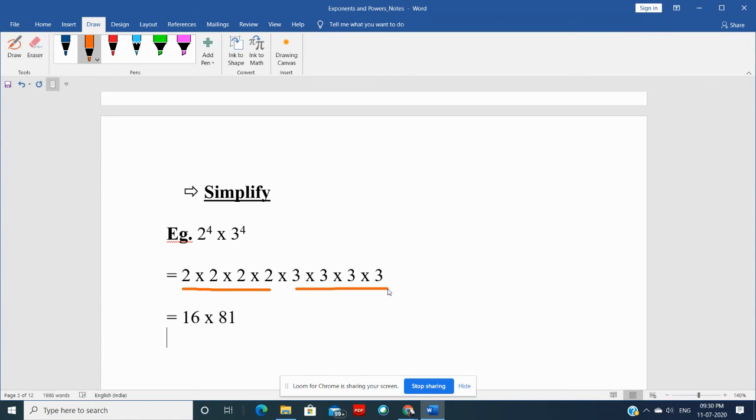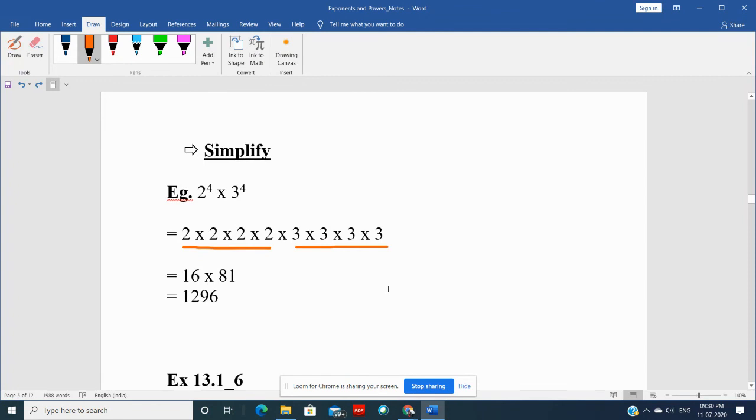You'll just write 81. And if you solve this, the answer you get is 1296, right? So this is how you can simplify, okay? So this is the method of simplification.